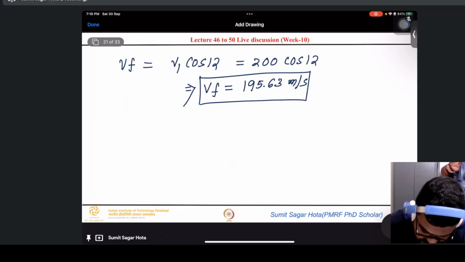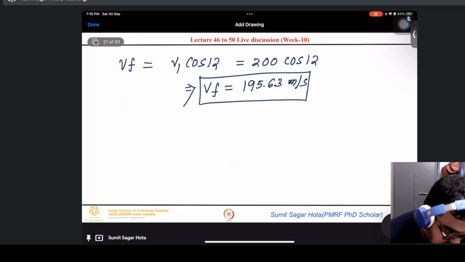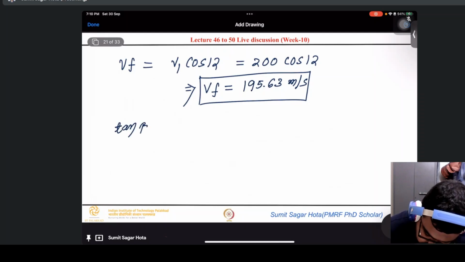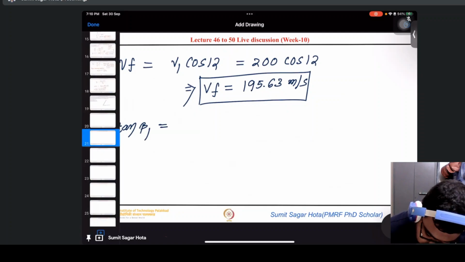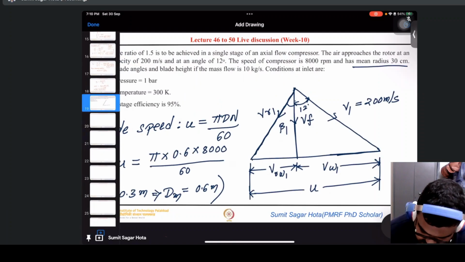You get BF. Now what is tan beta 1? See the triangle: tan beta 1 is BRW1 divided by BF.